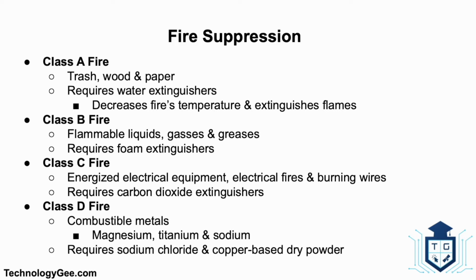You have a Class C fire, and this consists of energized electrical equipment, electrical fires, and burning wires, and they require a carbon dioxide extinguishing system. And then you have a Class D fire, and this is composed of combustible metals such as magnesium, titanium, and sodium, and requires sodium chloride and copper-based dry powder extinguishing systems.